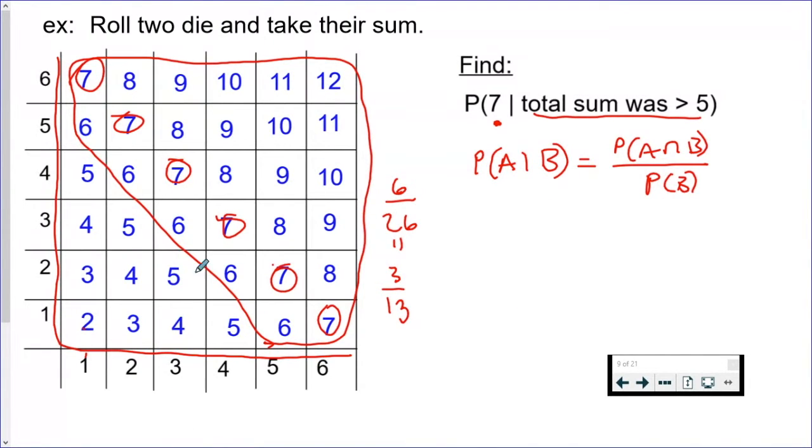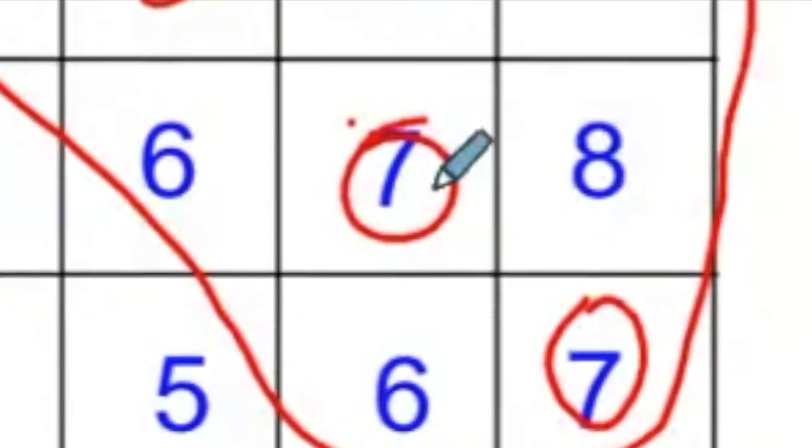What it's asking for is, in this whole chart, what's the probability of me getting a sum of 7 and it's also greater than 5? Well, that's kind of redundant, because if it's a sum of 7, it's also greater than 5. So then it's just asking, how many times in this whole chart can you get a sum of 7? I can get it 1, 2, 3, 4, 5, 6.